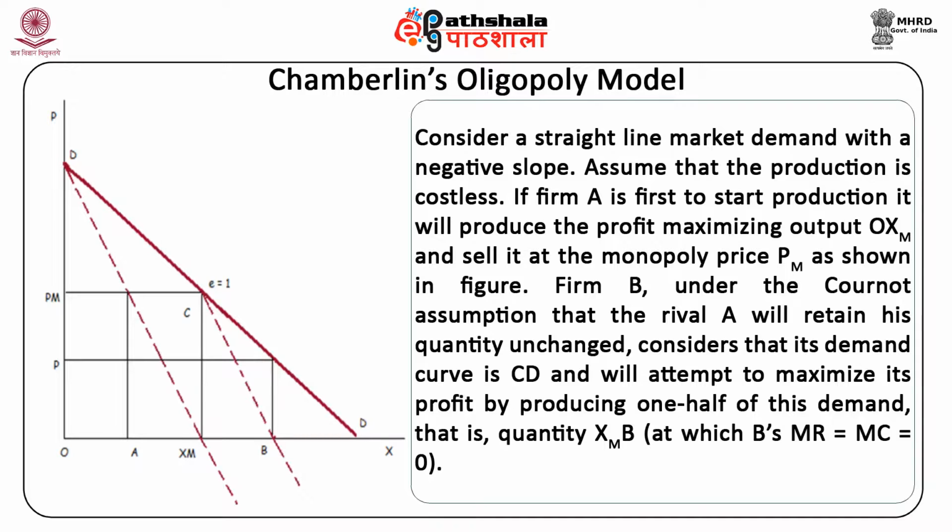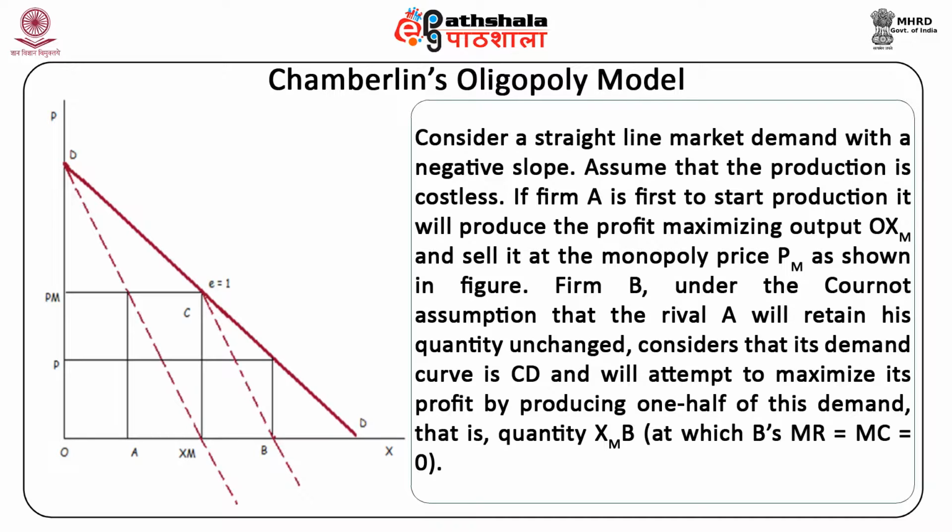Now firm A realizes that its rival does in fact react to its actions, and taking that into account decides to reduce its output to OA, which is 1/2 of OXM and equal to B's output. The industry output is thus OXM and price rises to the monopoly level OPM.